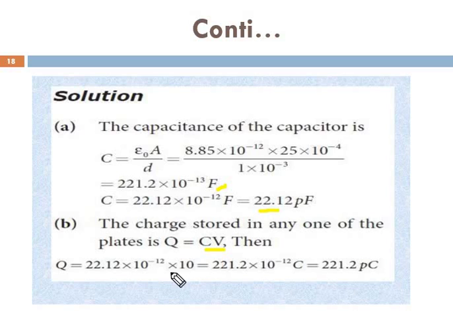By multiplying these two, we get the charge as 221.2 picocoulomb. So the total charge stored on either plate will be 221.2 picocoulomb.